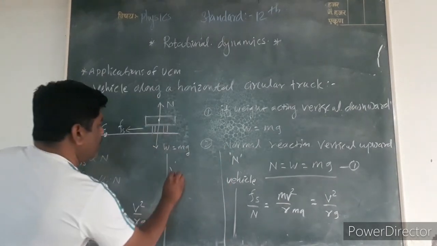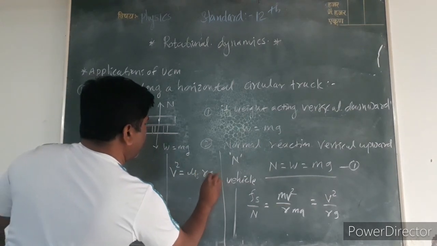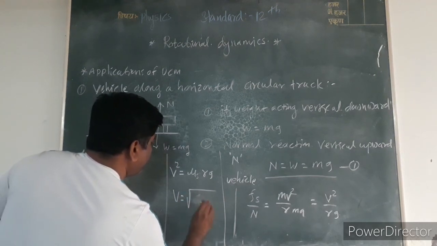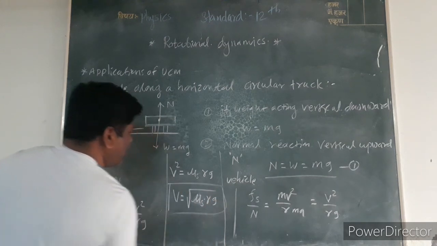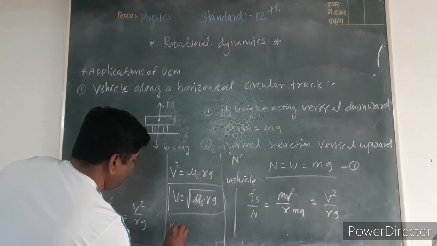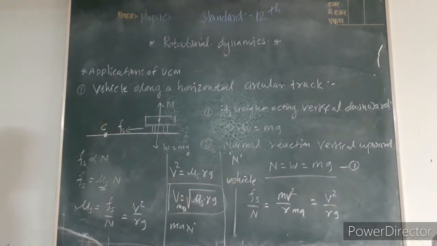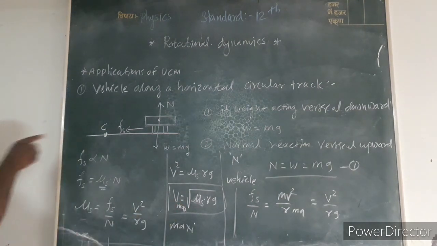Therefore, v square is equal to mu s into rg, or v is equal to the square root of mu s rg. This is the maximum velocity, denoted as Vmax. This is the maximum velocity of a vehicle along the horizontal circular track.